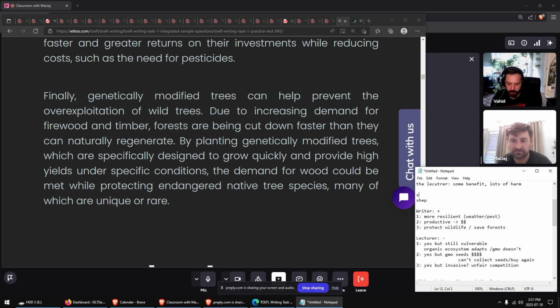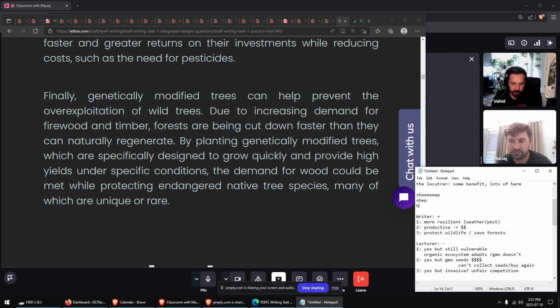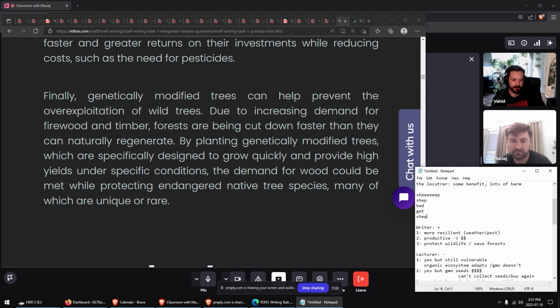And for this one, say it like this: sheep. A lot of foreigners have this issue, and it doesn't sound correct. Even if you say it fast, you say sheep, it's still the animal. If you want this one to sound correct, say it like bed or get or ship. So the ship's on the sea.